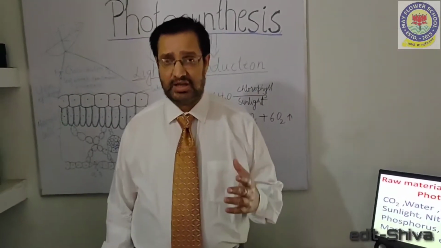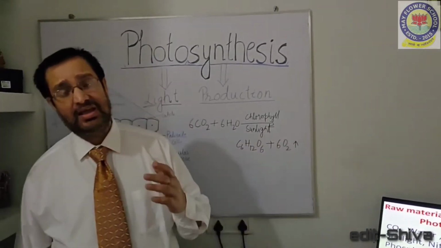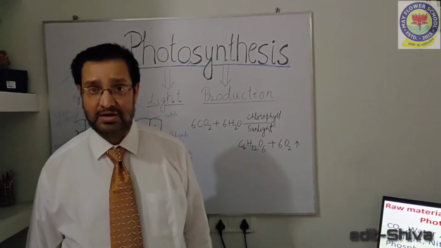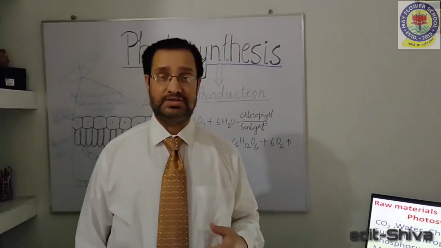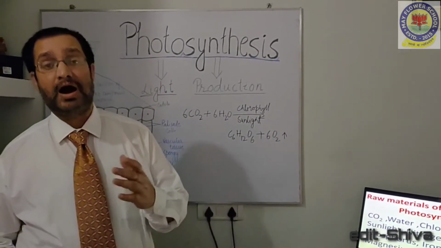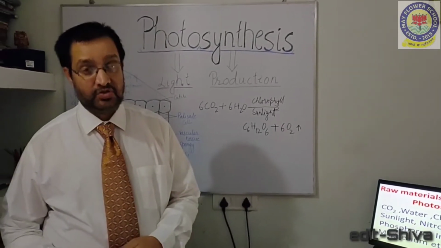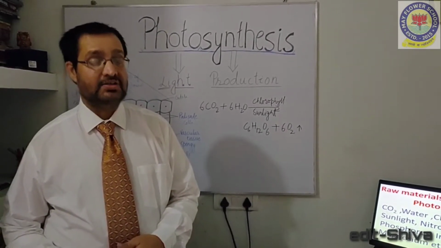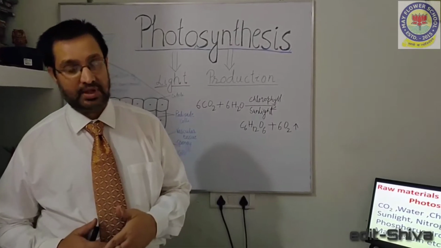Photosynthesis actually mainly occurs in the green leaves of the plant, but it also takes place in the green stems and the floral parts of the plants. So let us study the structure of leaf.